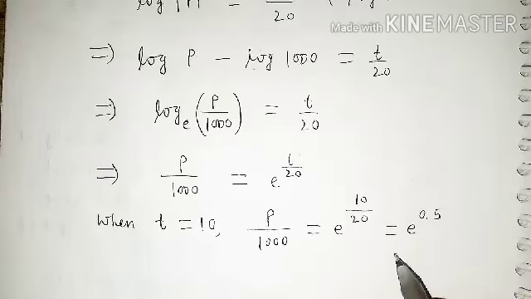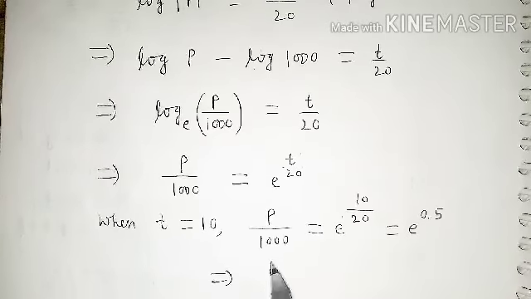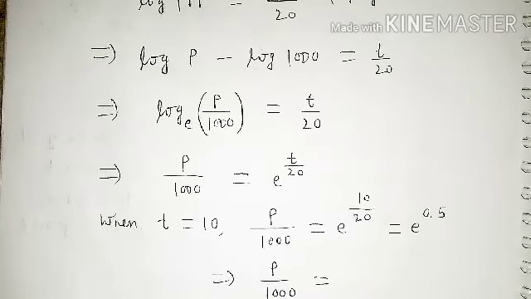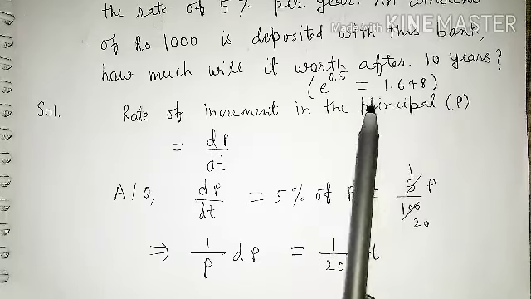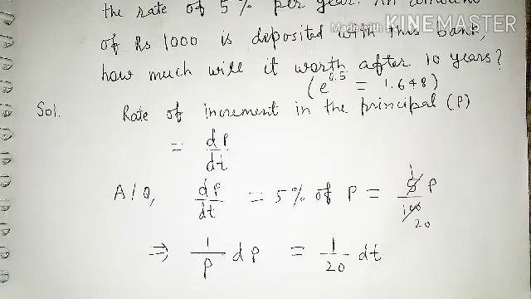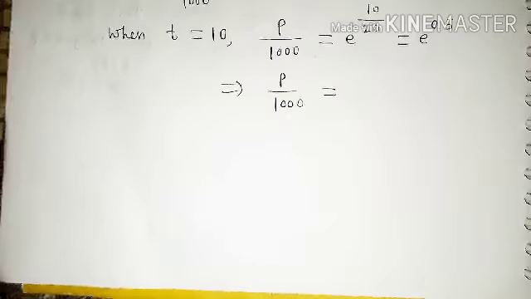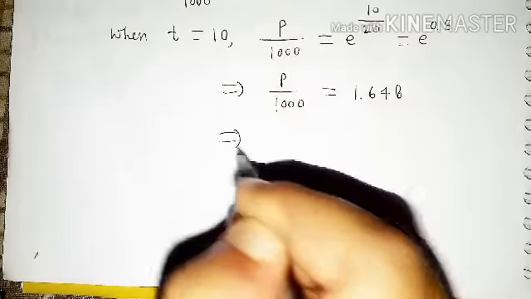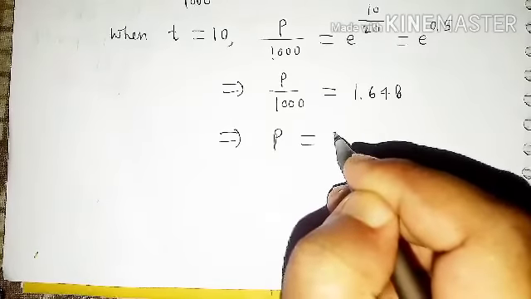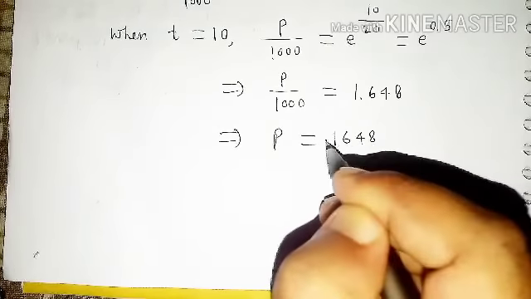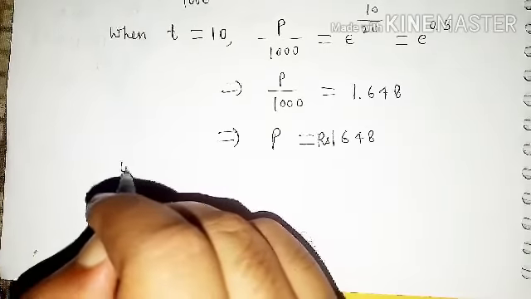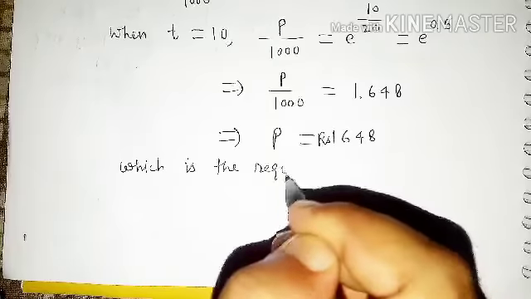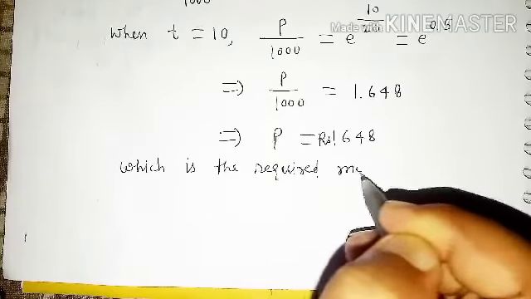It is given in the question that e to the power 0.5 is equal to 1.648. This implies that P is equal to 1648, which is the required money.